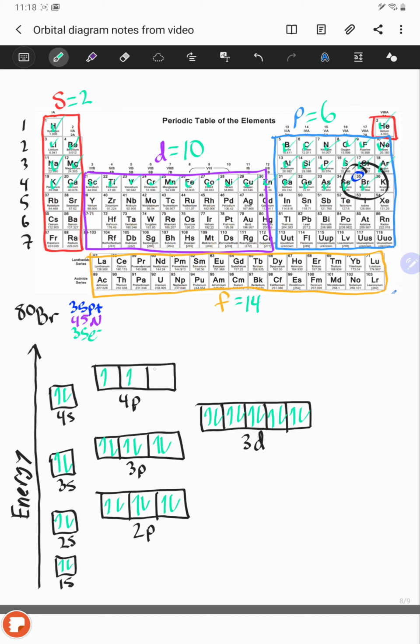So fill in 1, 2, 3, 4, 5. We stopped at bromine, so we have 5 electrons in the 4p orbital, and that is our completed orbital diagram for bromine. This is what it's always going to look like. Let me make this smaller so that I can draw my Bohr model and emphasize a point about the d orbital.